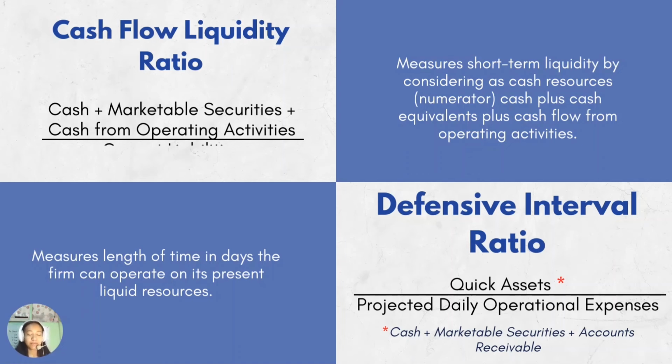So, isa pa sa need nyong matandaan is kung nasaan yung mga accounts na important. So, ayun, si cash nasa balance sheet, si marketable securities nasa balance sheet, then si cash from operating activities naman is nasa cash flow.